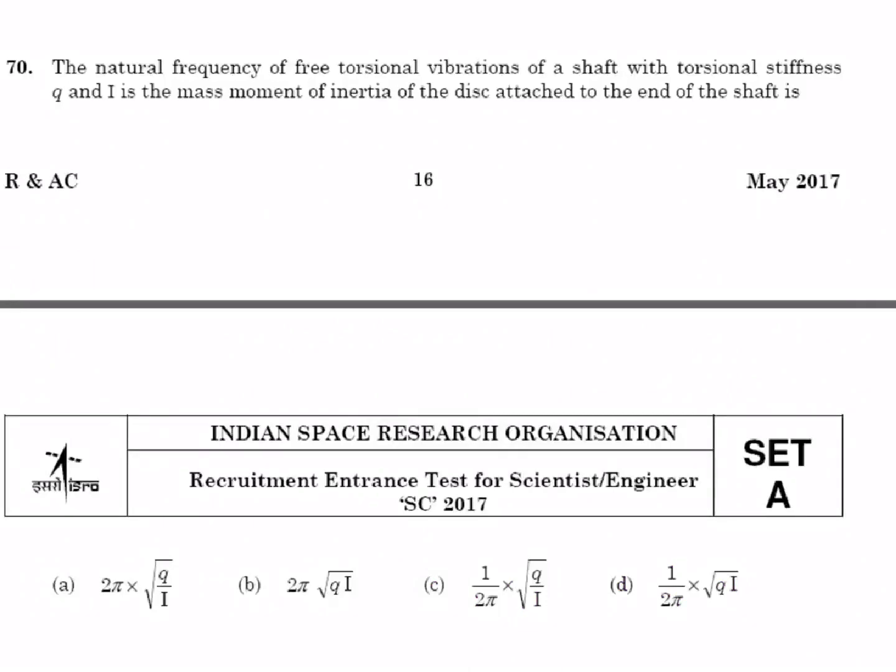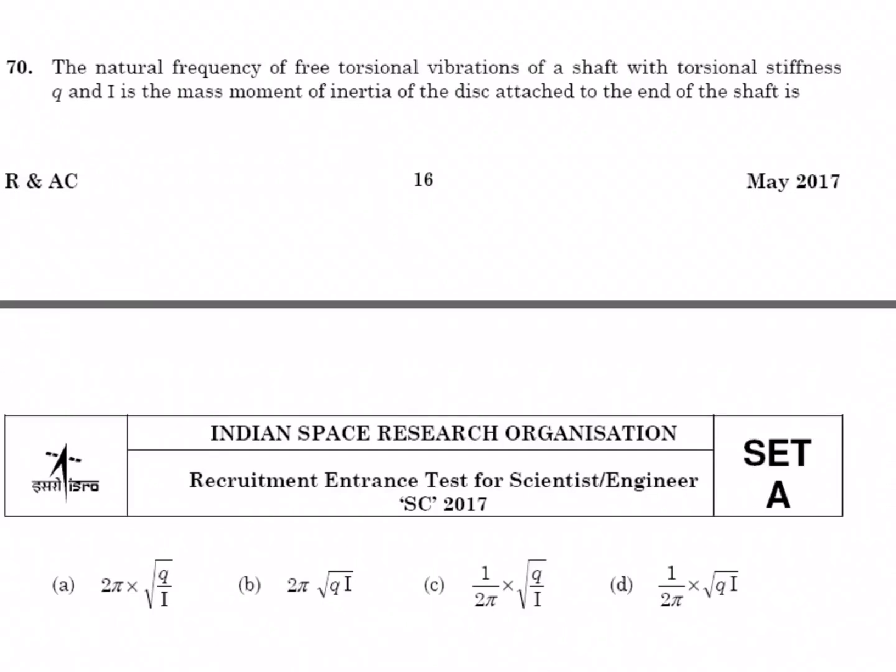The natural frequency of free torsional vibration of a shaft with torsional stiffness Q, and I is the mass moment of inertia of the disc attached to the end of the shaft, is how much? So we have to calculate natural frequency, omega n.